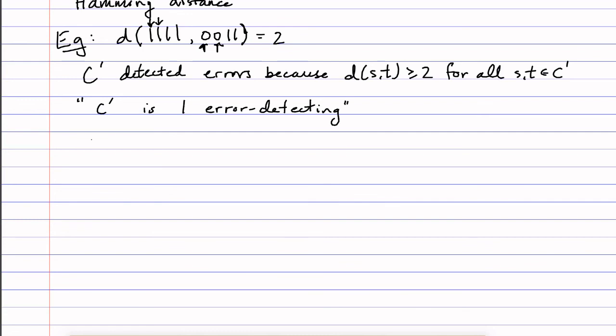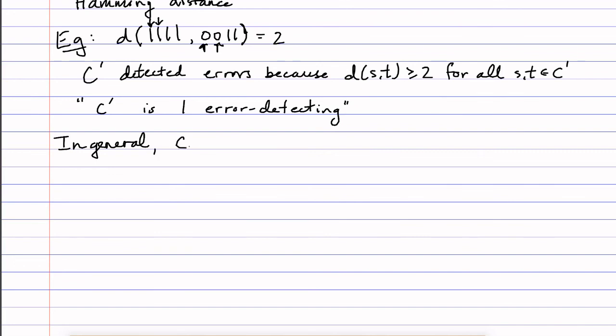And in general, though, there is a notion of k error detecting. So in general, you could have a code that would allow you to determine when there's been up to k mistakes per code word, and you would still be able to pick out exactly which code words had those mistakes. So let me write down what that requires.